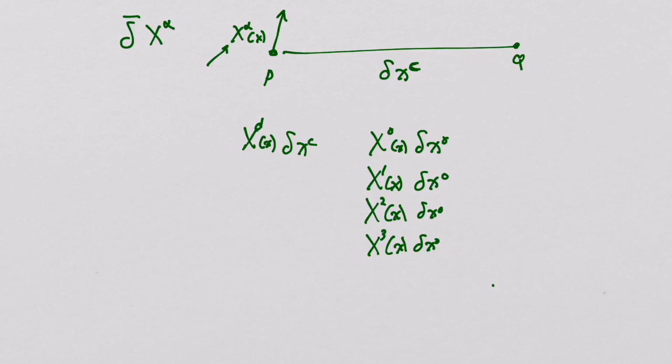And then it's got to be linear in x^0 of x, delta x^1, and x^1 of x, delta x^1, etc., etc., all the way, of course, to x^3 of x, delta x^3. So it's got to be linear in every single one of those terms.